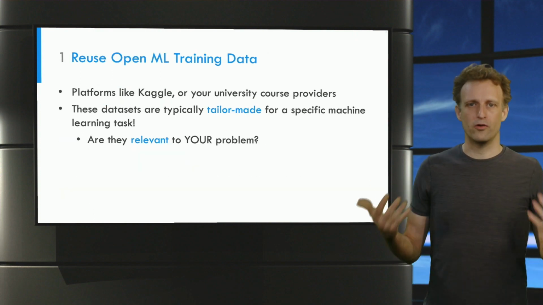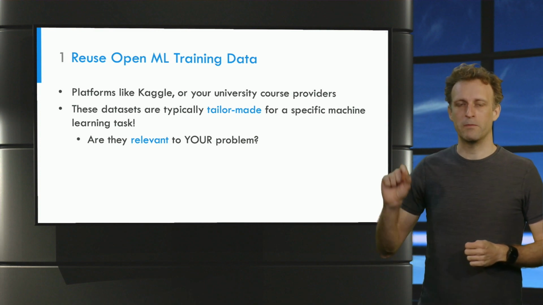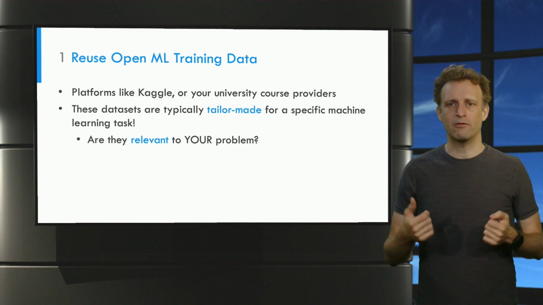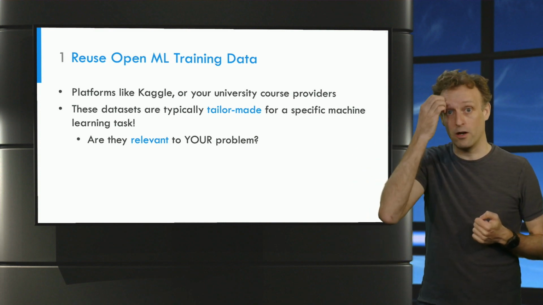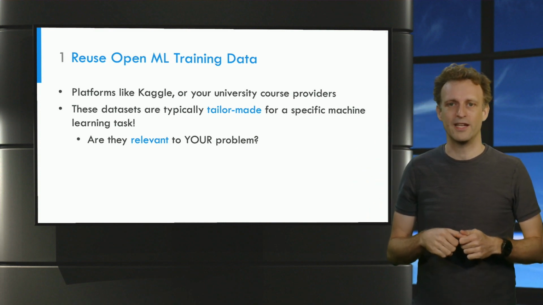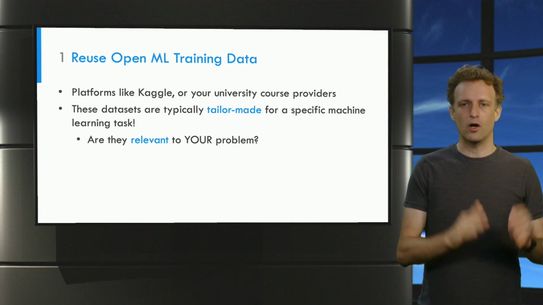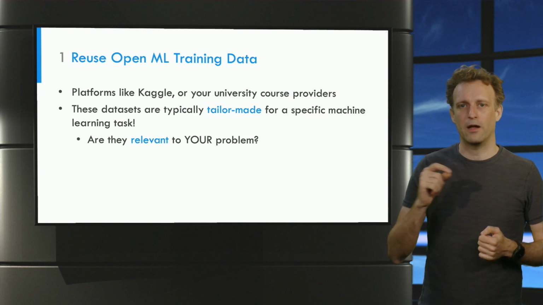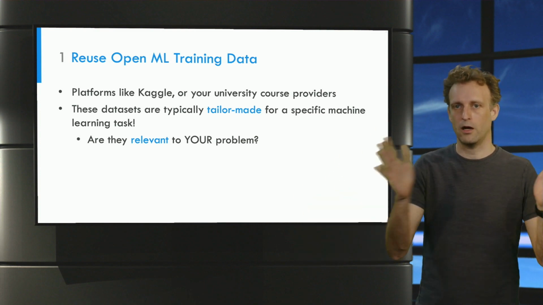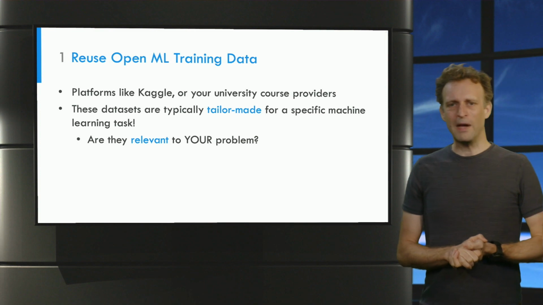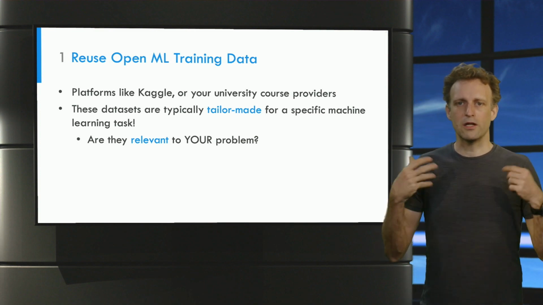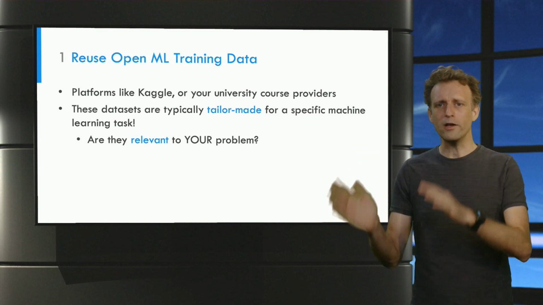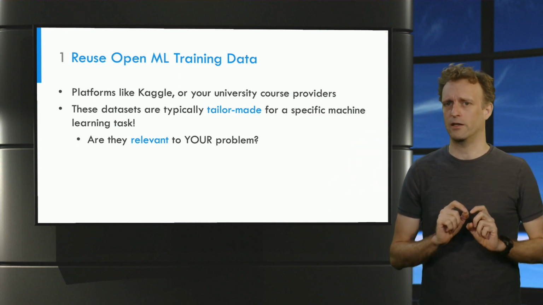Let's have a look at the first option: reusing open machine learning training data. This is probably what most aspiring machine learning developers will do during their training and education. Instead of making your own training dataset, you simply reuse datasets made by other people for other projects in other contexts. For many standard tasks, there are actually several good standard datasets around. But the problem is, what happens if you do not have a standard task?